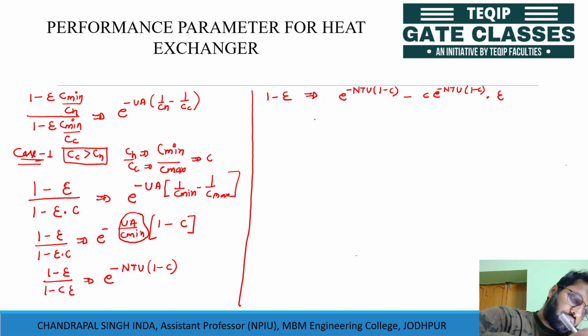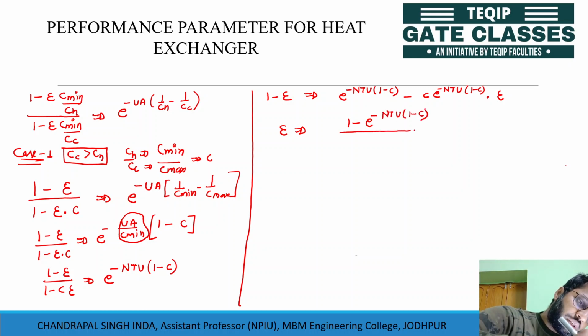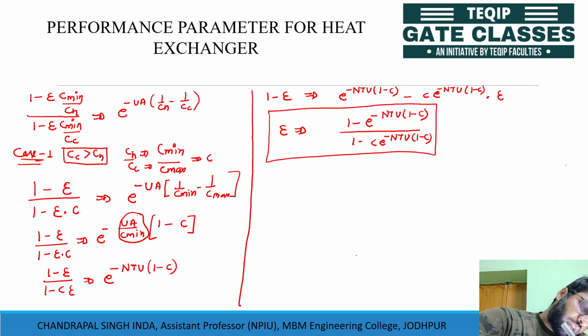So here we will have that effectiveness is equal to 1 minus e to the power minus NTU (1 minus C) divided by 1 minus C e to the power minus NTU (1 minus C). So this is obtained when the heat storage capacity of the hot fluid is minimum.